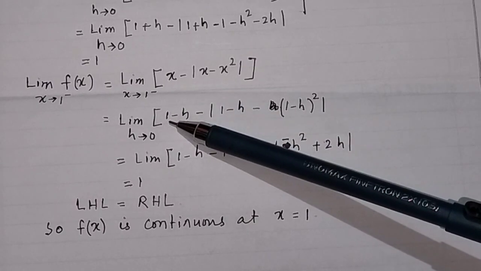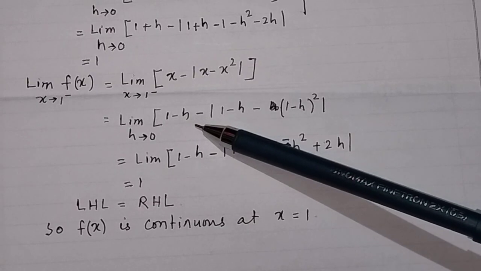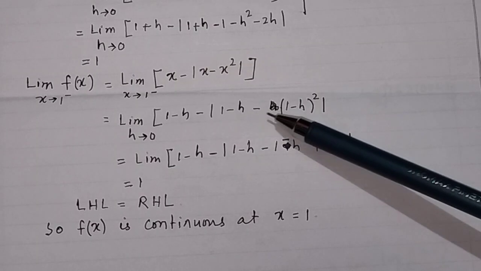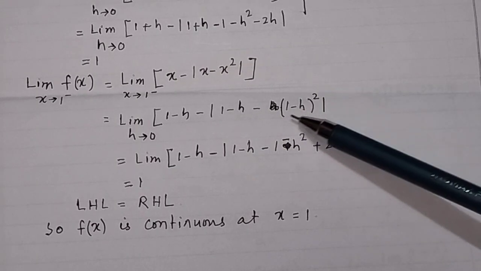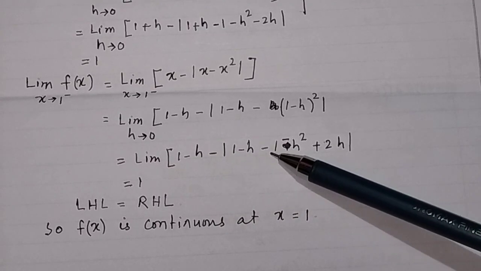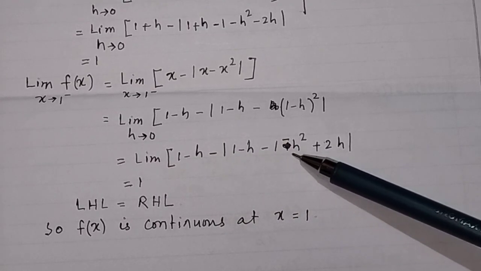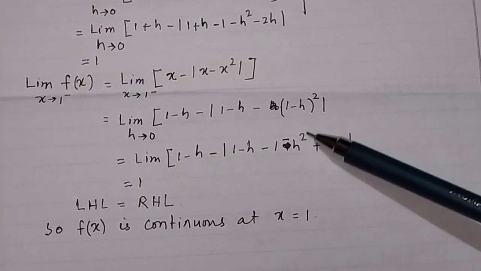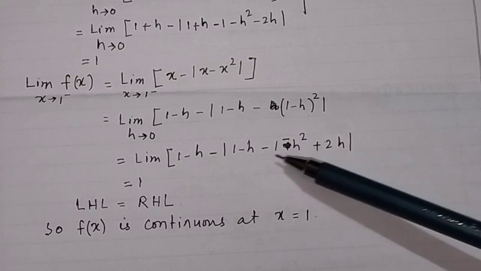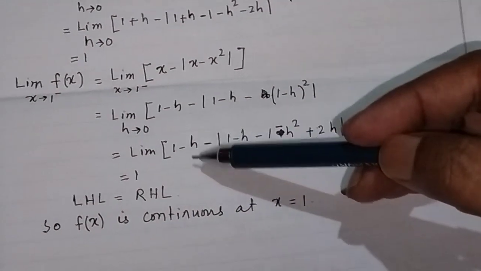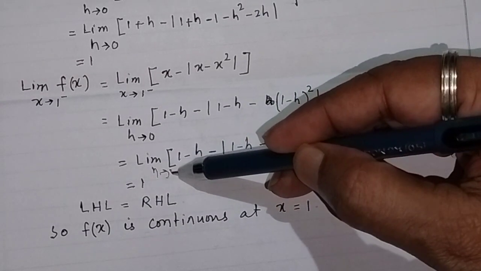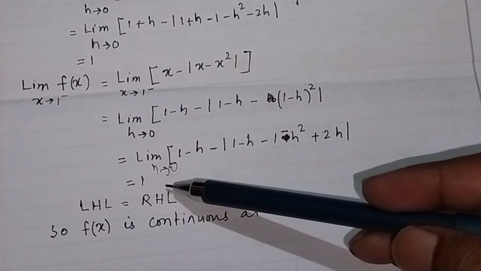The x value will be slightly less than 1, so 1 - h - |1 - h - 1| - (1 - h)², where (1 - h)² is 1 + h² - 2h, as h approaches 0. So this will be equal to 1.